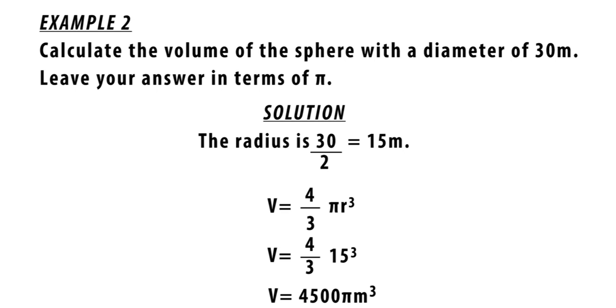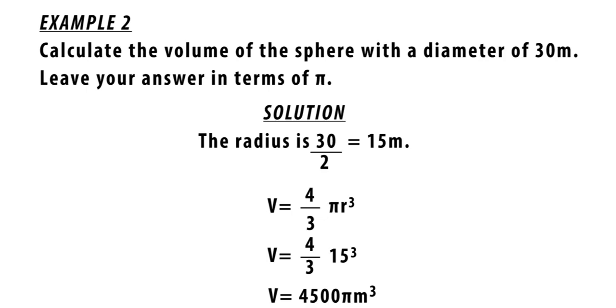We have been given the diameter to be 30 meters, but in the formula we have the radius. So to calculate the radius, you divide the diameter by 2. So the radius of the sphere is 15 meters.